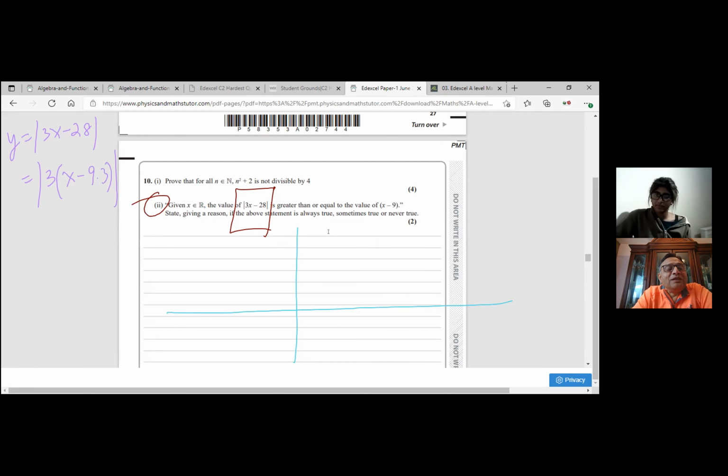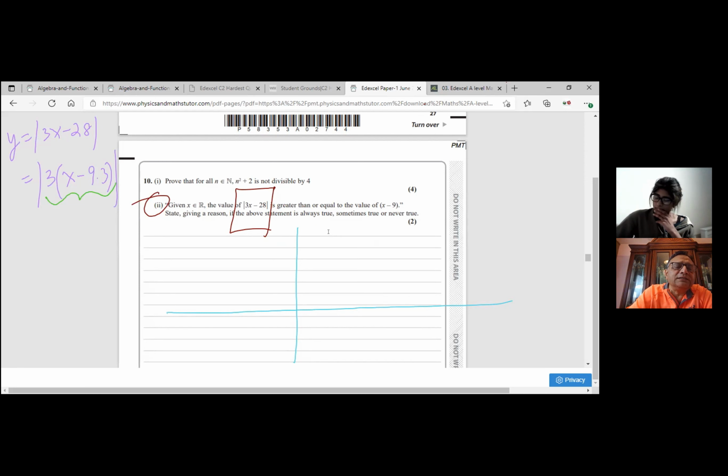So as far as this function is concerned, if you look at the inside function, let's look into the inside function, which is 3 times x minus 9.3. Straight line, right?